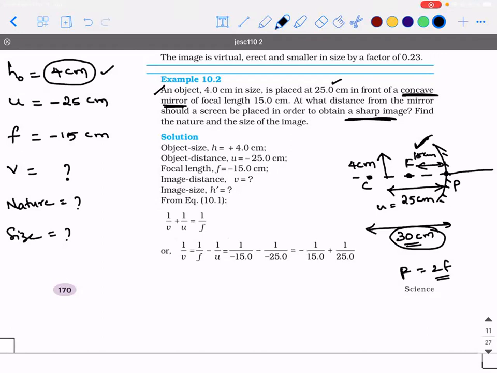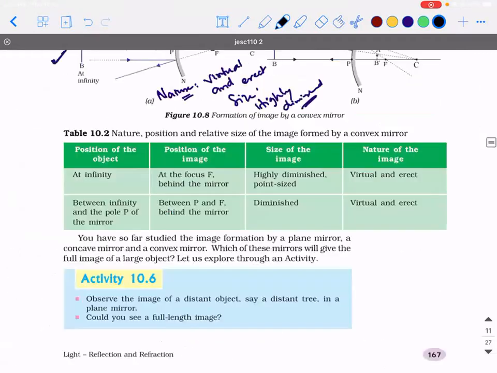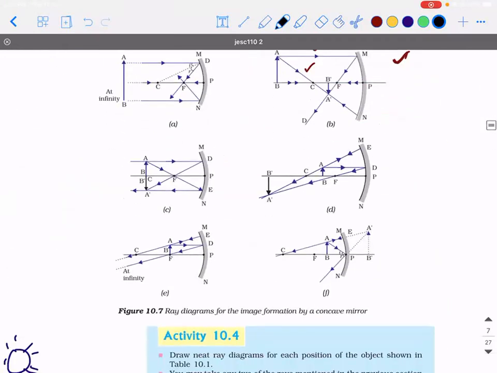It should be formed beyond the center of curvature. See, when the object is placed between center of curvature and focus, you need to practice this, okay? The image is formed beyond C.